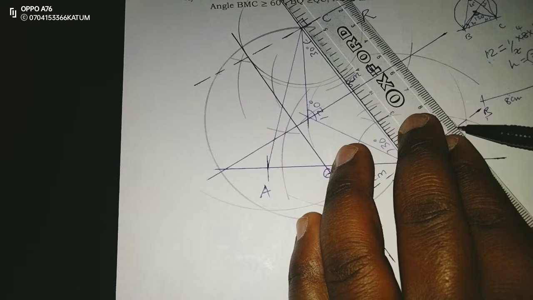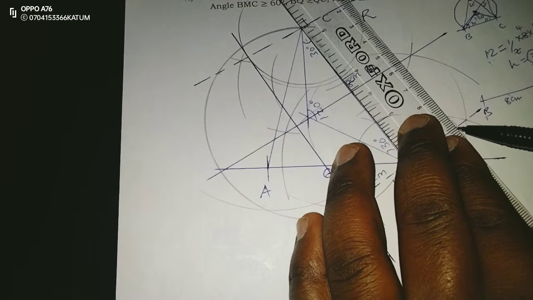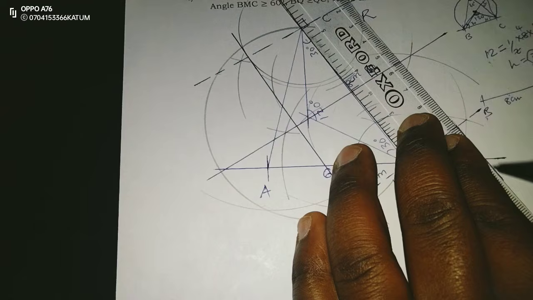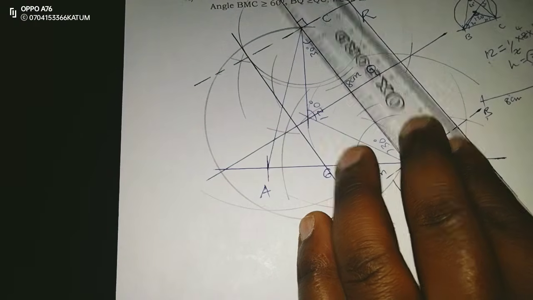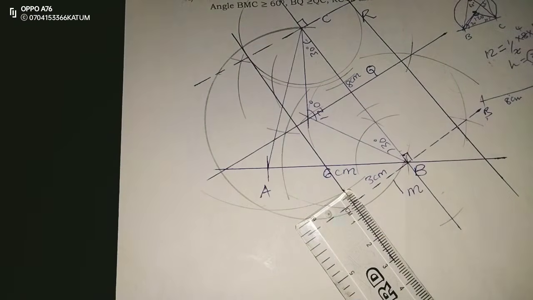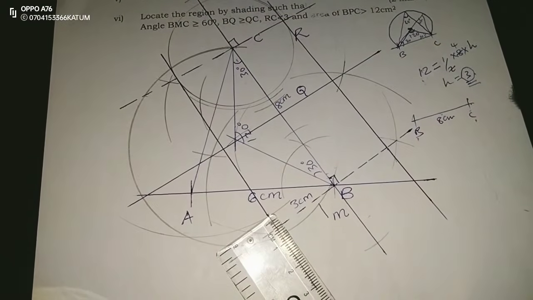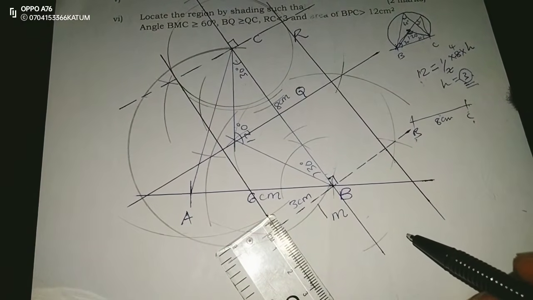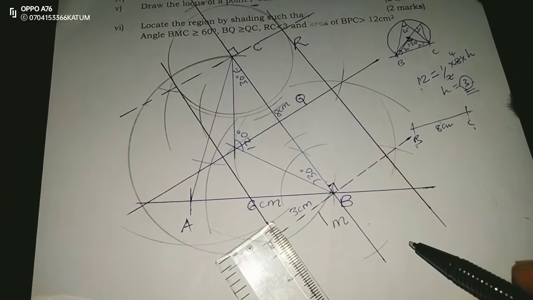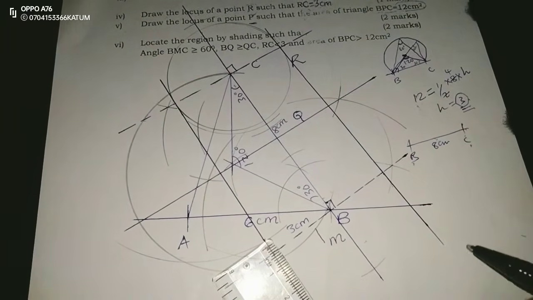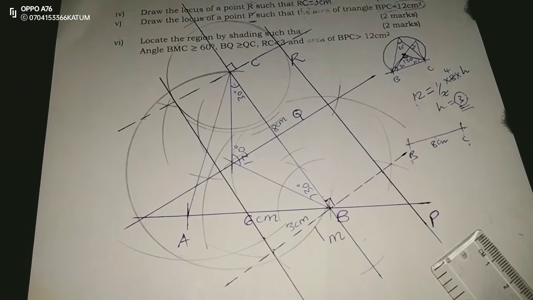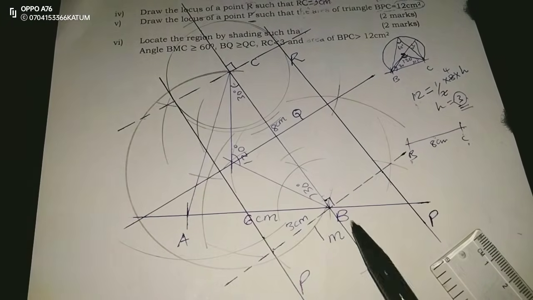So I can also have the same on this side. Therefore, any of those two parallel lines to BC is the locus of points P. This is P. This can also be P.